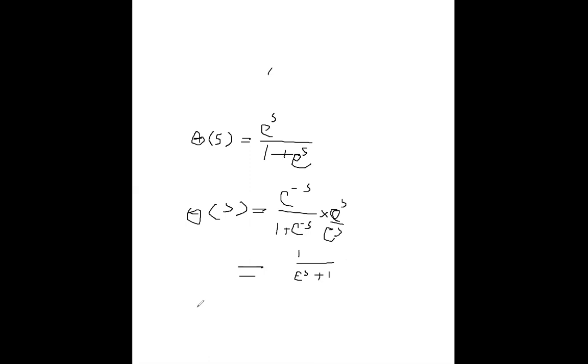Okay. Now 1 minus theta of s is going to be equal to 1 minus e to the s over 1 plus e to the s. Sorry, the annotation is really ugly, but I'm using the mouse pad.